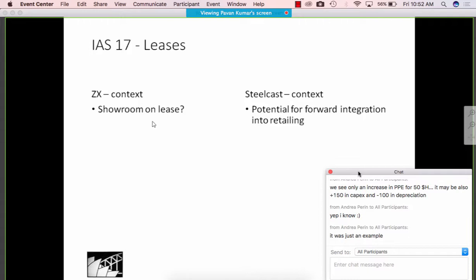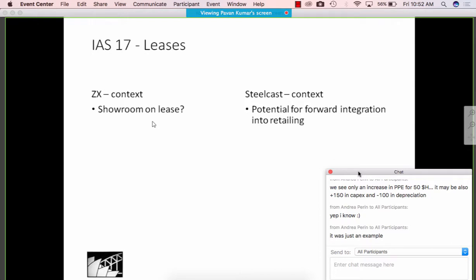When they do this, they have an option to take these retail outlets on lease rather than buying the retail outlets itself, because that's going to be an experiment for them. On a pilot basis, if they want to try, they can go for a forward integration by taking retail outlets on lease. So this is what we thought is relevant to both these case studies.